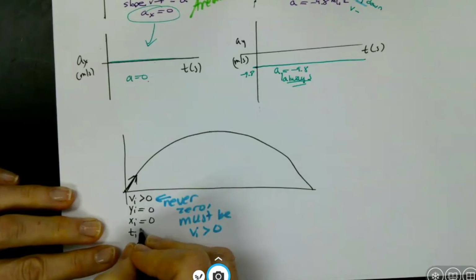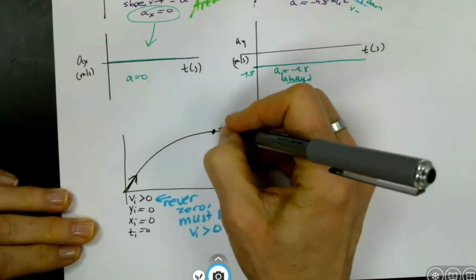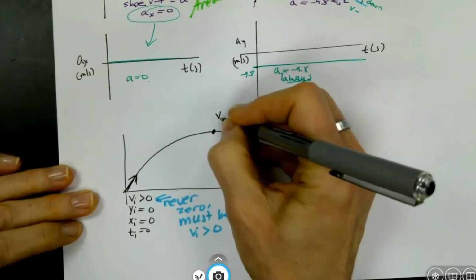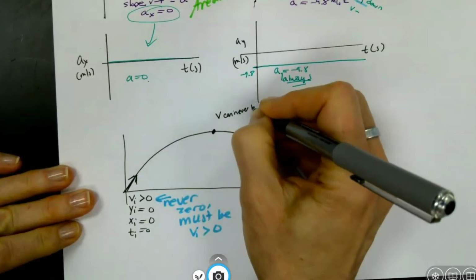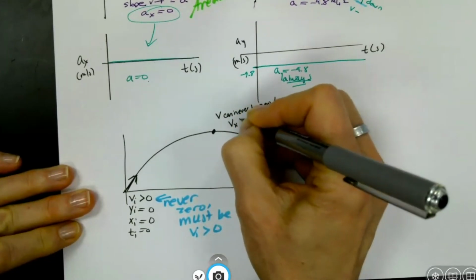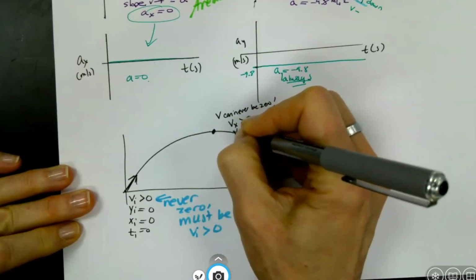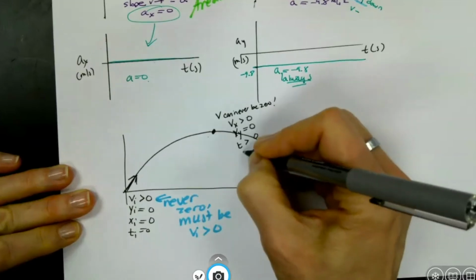And we'll call this 0. Up here, again, V can never be 0. But Vx is some positive number. Vy is equal to 0. Time is greater than 0, obviously.